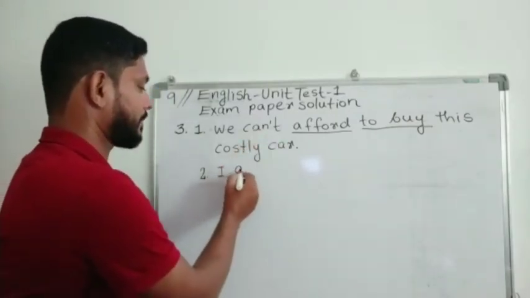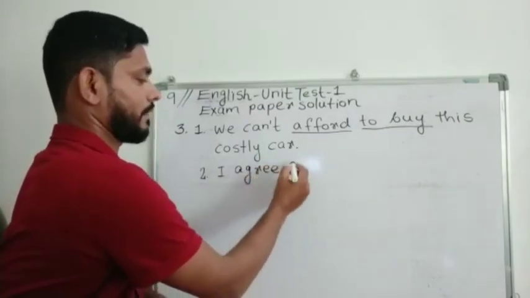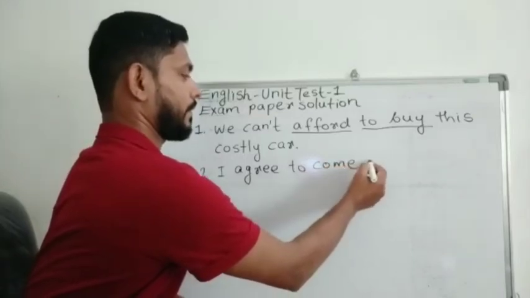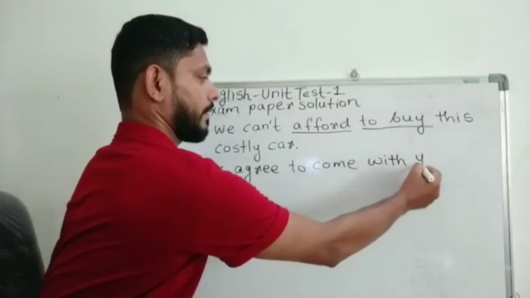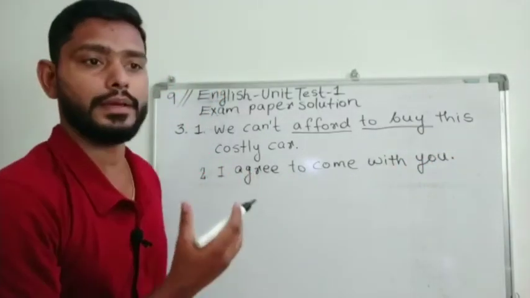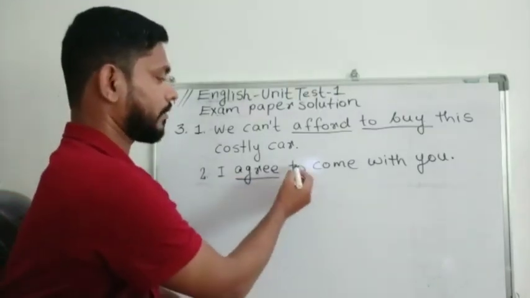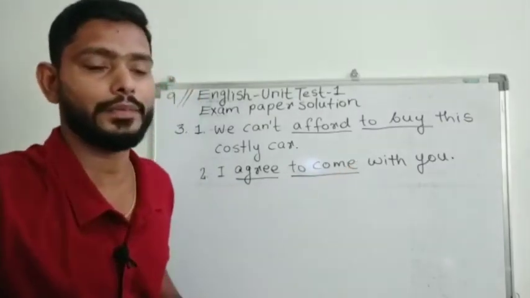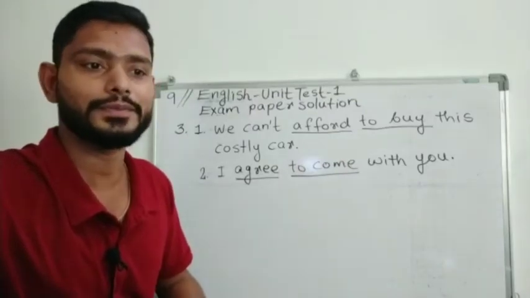I agree to come with you. And what is the verb here? Agree, and with it which infinitive verb is used? To come. I agree to come with you. Okay, you may just copy down to your notebook.